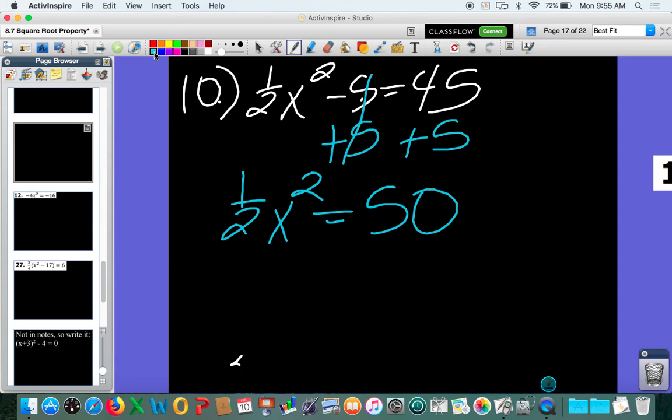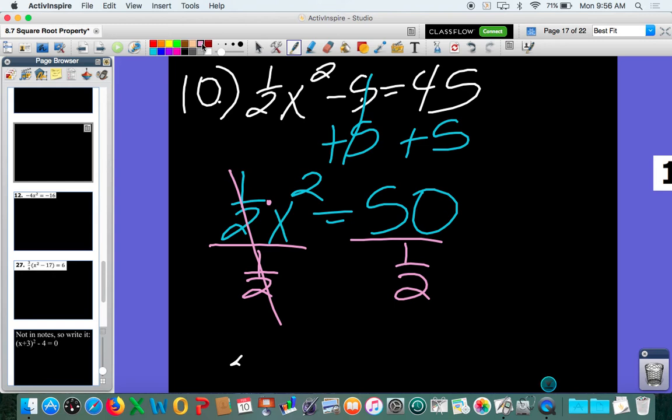Now, like I said, there is an invisible multiplication symbol in between these two. So I can divide by 1/2 on both sides. Or you can multiply by 2, which is the denominator, on both sides to cancel out the fraction. Whichever way you go about it is fine. It works out just fine.